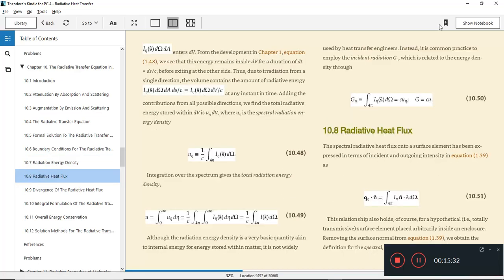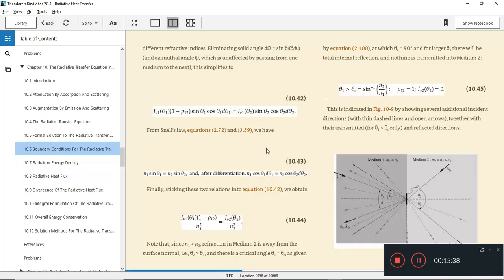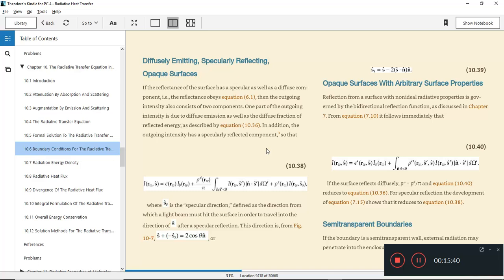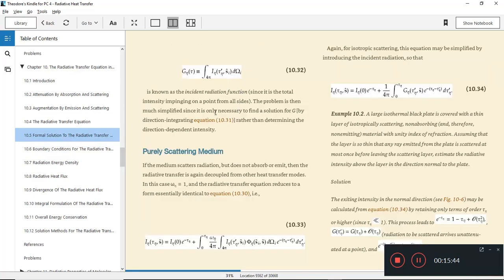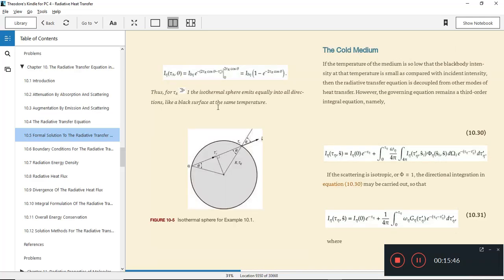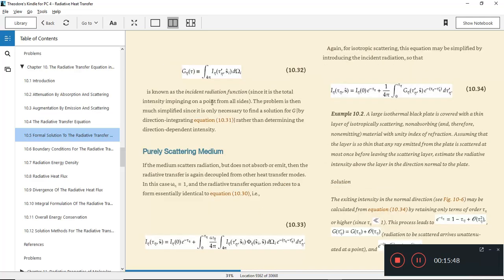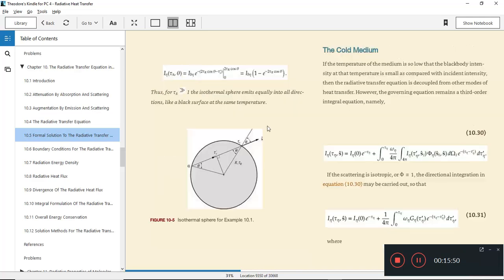It's common practice to employ the incident radiation G eta. I think it was defined before, just not sure where in the textbook. Yeah, 10.32. It's called the incident radiation function.